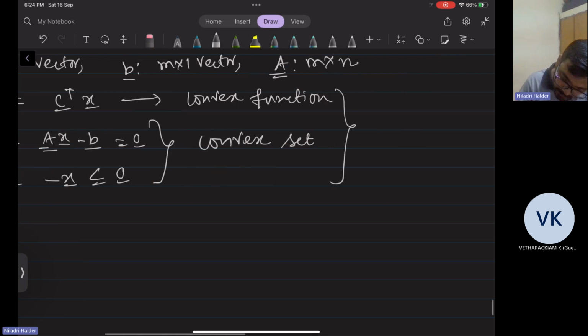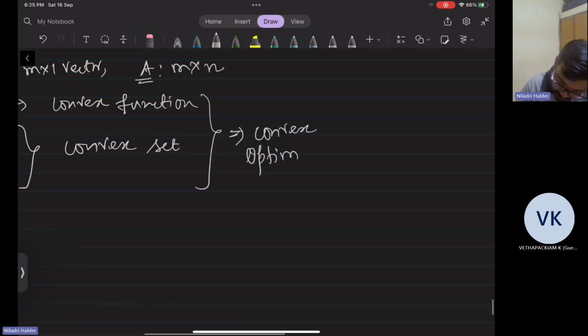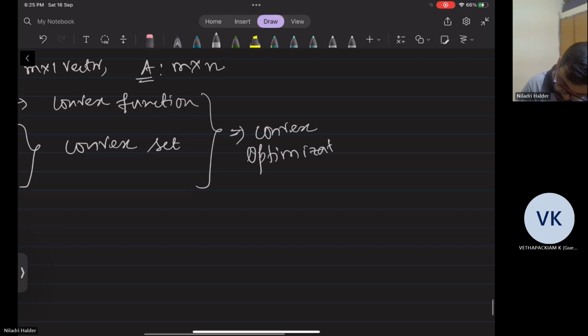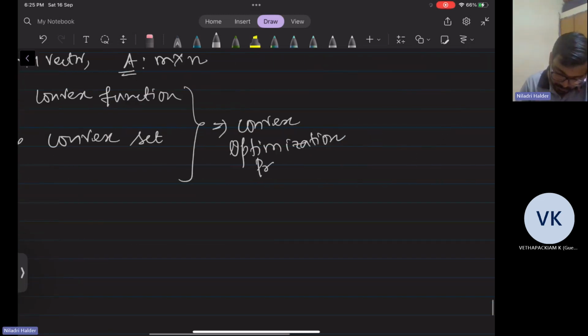So that means it is a convex optimization problem, and the KKT conditions or first order conditions are themselves sufficient. No need to go for second order conditions. That is the advantage of a convex function or convex optimization problem.